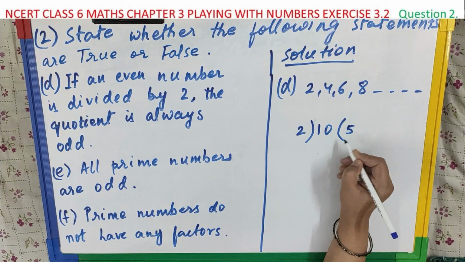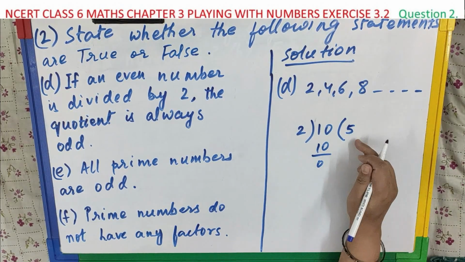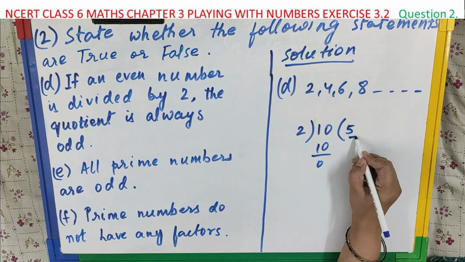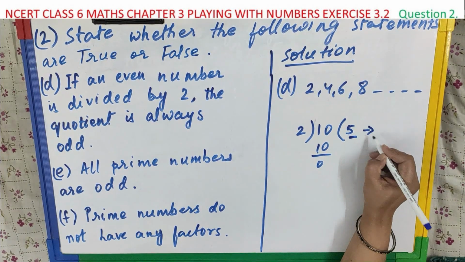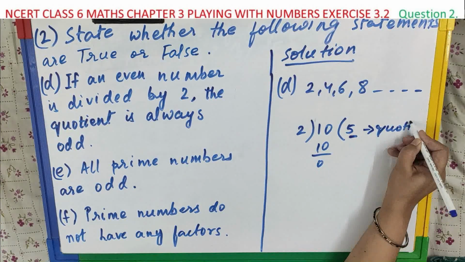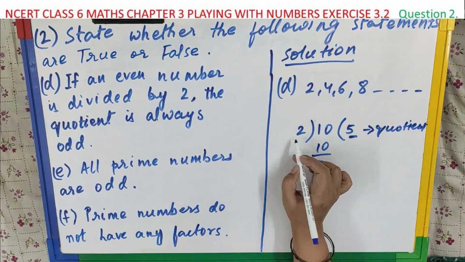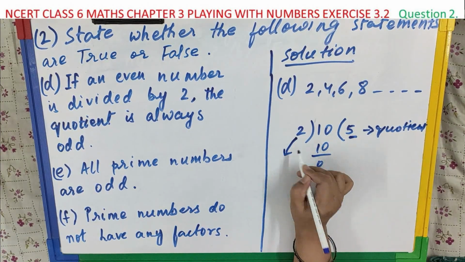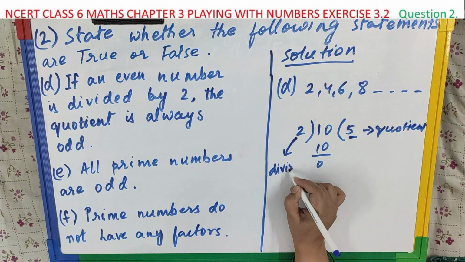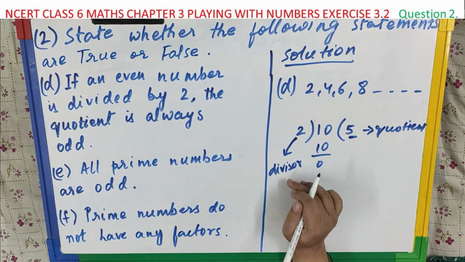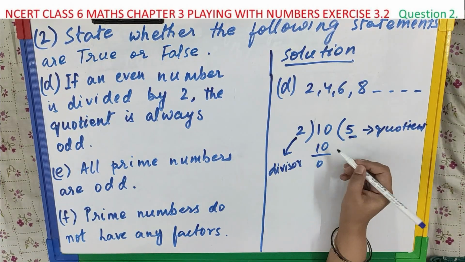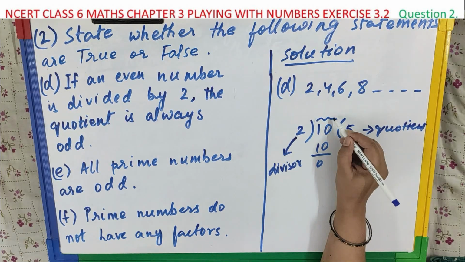2 5s are 10. Right? Remainder is 0. So what is the quotient here? This 5 is the quotient. Okay, 2 is the divisor because it is dividing, and 10 is known as what? This is being divided, right?